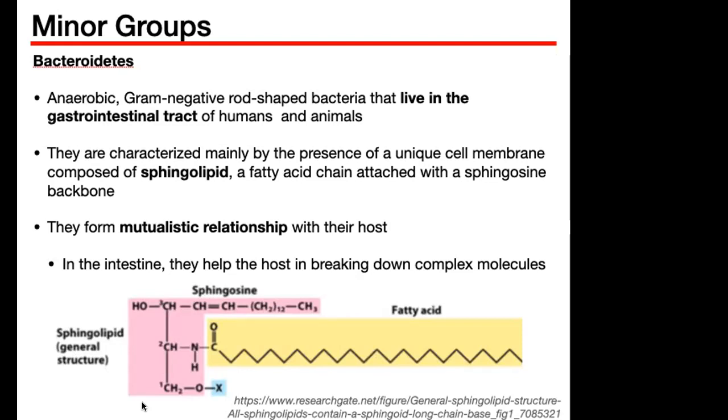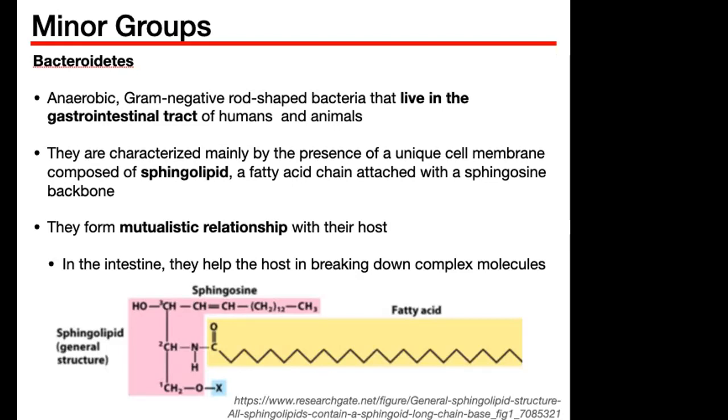Okay, so say for example in the intestine, these organisms help the host in breaking down complex molecules into a form that the host can absorb. So in return, the host, or in this case the human, would provide the nutrients for these Bacteroidetes to grow.